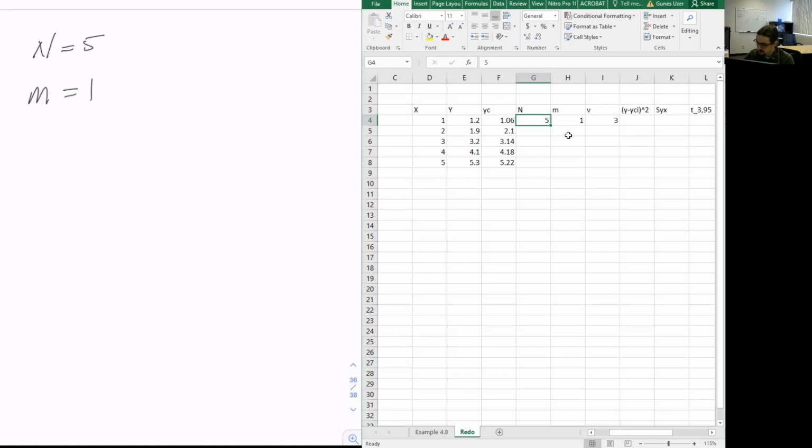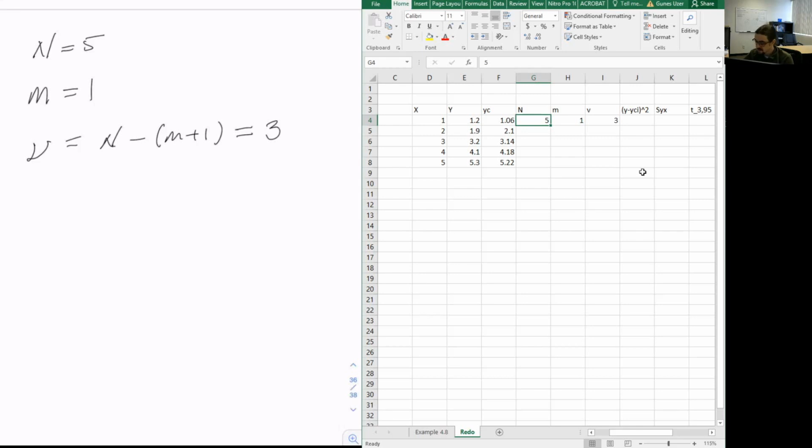And then our degrees of freedom was defined as n minus m plus 1. That means that our degrees of freedom is going to be 3. That's pretty easy. And we want the confidence interval at 95 percentile.